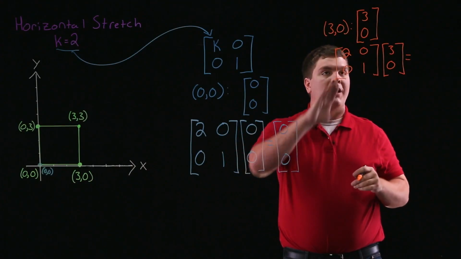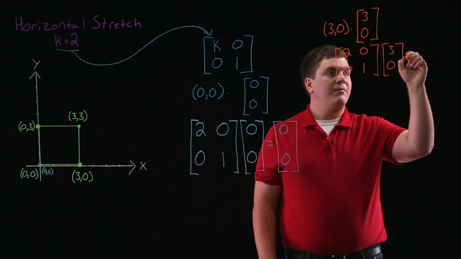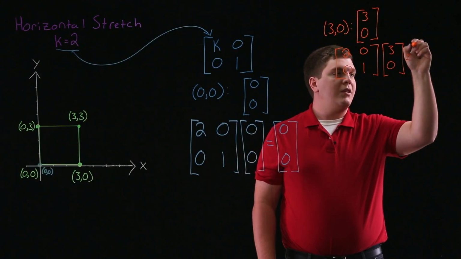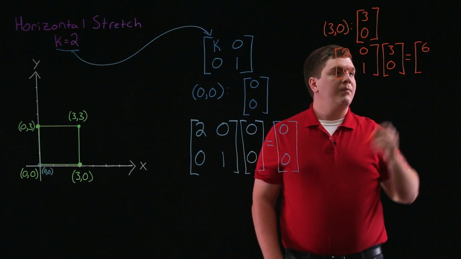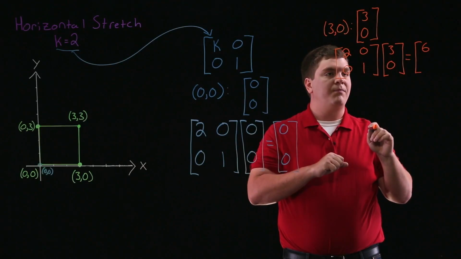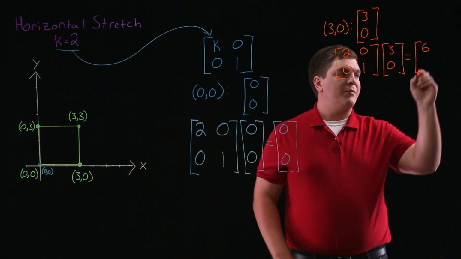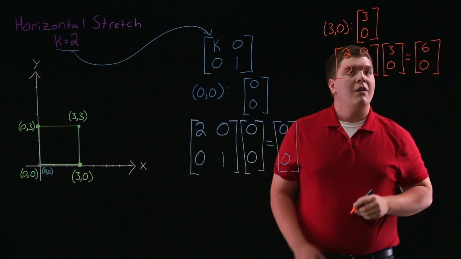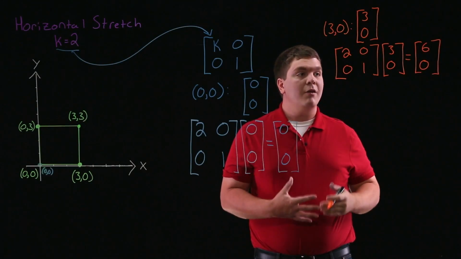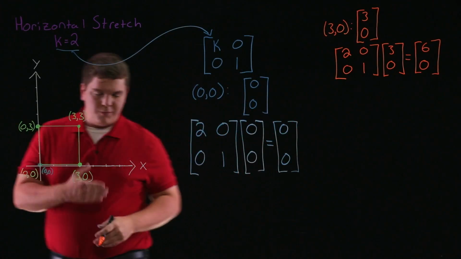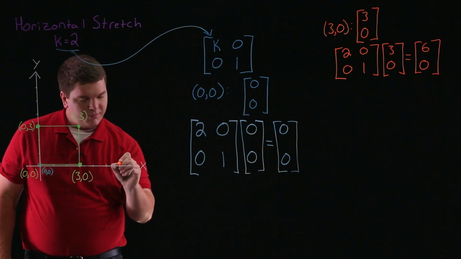We have 2 times 3, which is 6, plus 0 times 0 in the first row. In our second row, we have 0 times 3, plus 1 times 0, which is 0. So this point, 3, 0, after we apply our horizontal stretch, gets moved to the point 6, 0.